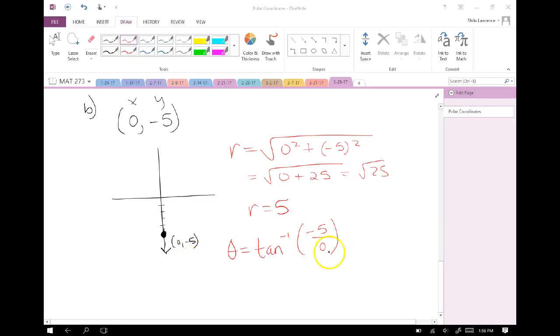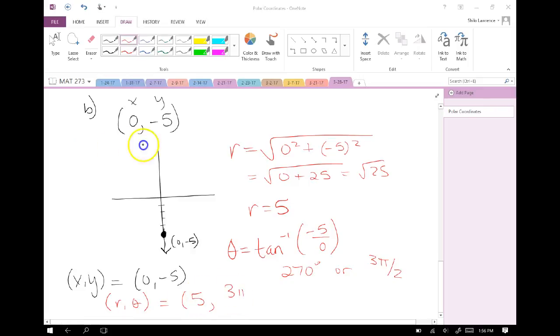It's 270. And we also want to see this in radians, 3 pi over 2. So as a rectangular point, this is 0, -5. As a polar point, it's 5 units out on the 3 pi over 2 line.